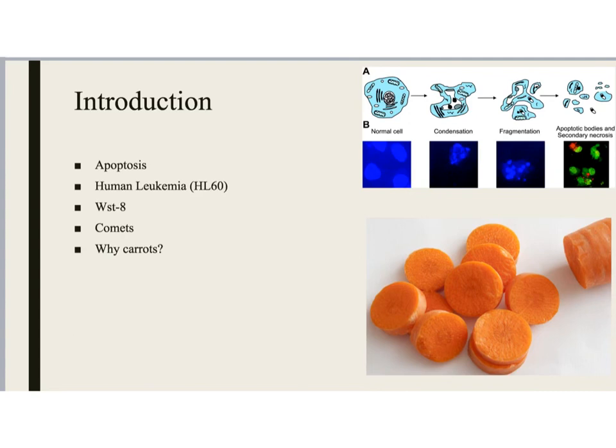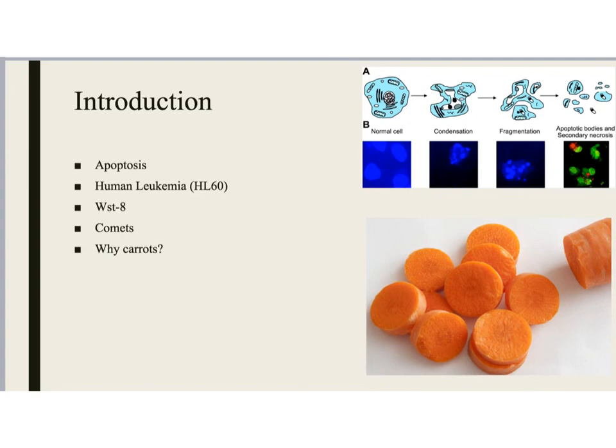Another important item I want to introduce before we get started is comets and comet assays. Comet assays help visualize DNA damage in individual cells. Healthy DNA would just be the comet head, and damaged DNA forms a comet tail. So we will look at that in my results also. I just wanted to bring that up before we get to it, so you had a little background.